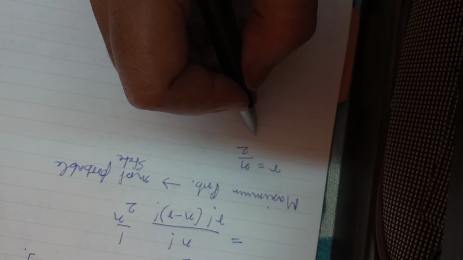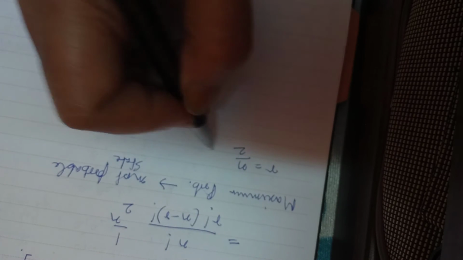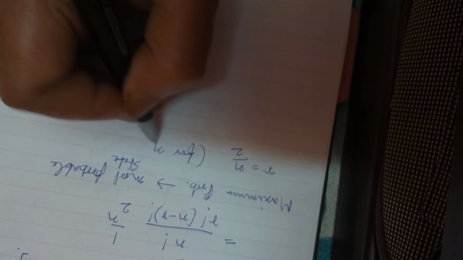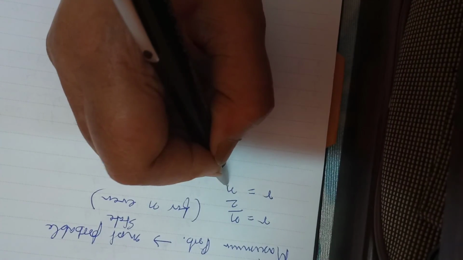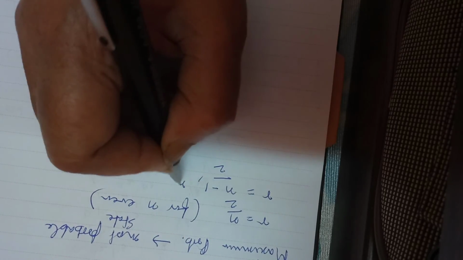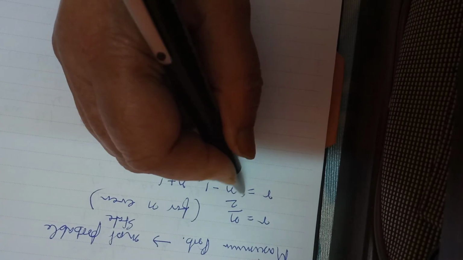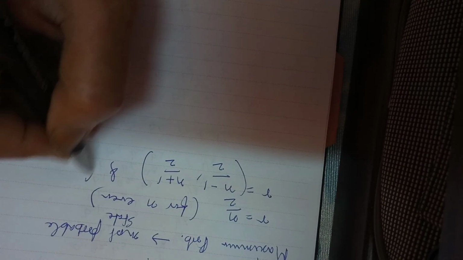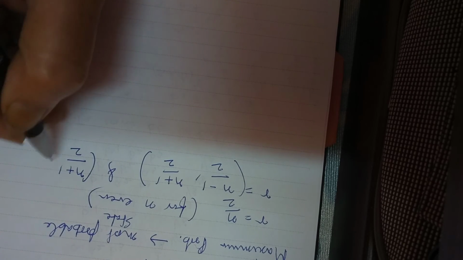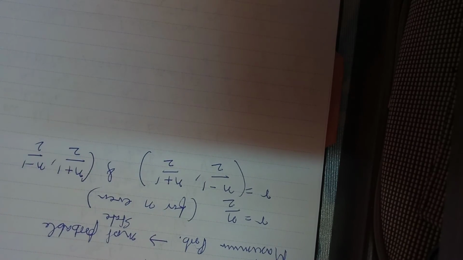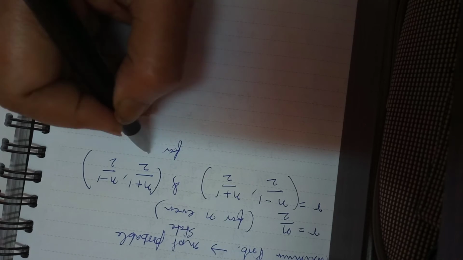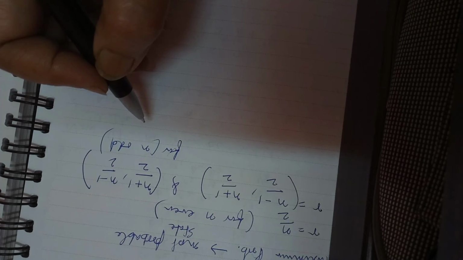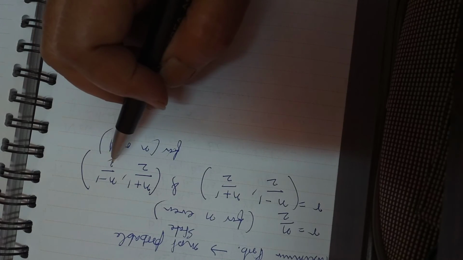This also depends on whether n is even or odd. For n odd, r is equal to n minus 1 by 2 or n plus 1 by 2. If you take this combination, these are the two for n odd, and these two will be the same.